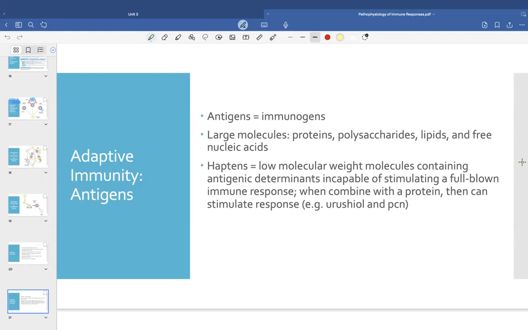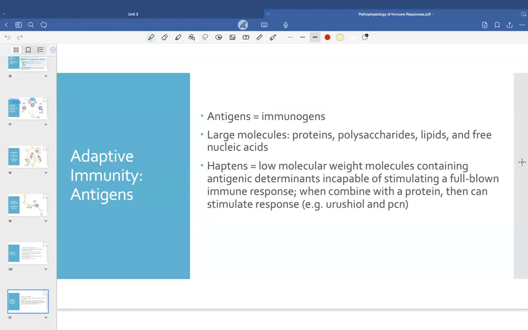Two examples are urushiol, which I can never say, but that's the toxin for contact dermatitis, poison ivy and poison oak, and another one is penicillin. If they bind with a specific protein, it can trigger an immune response. And you can see where people can have quite varying expression of antigen response.